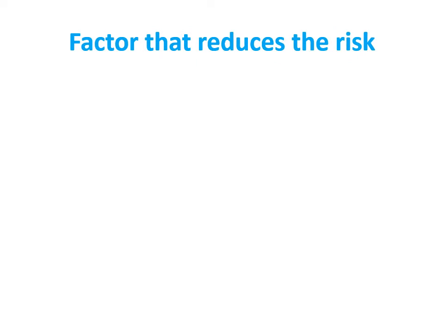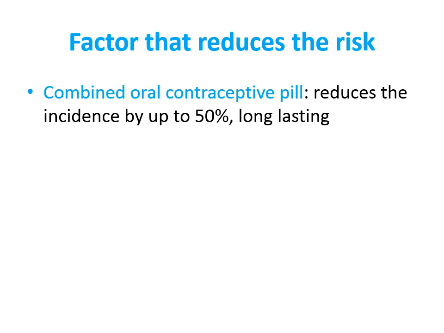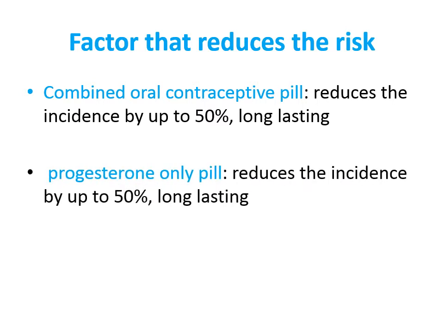What about the factors that reduce the risk of endometrial malignancies in general? These include the use of the combined oral contraceptive pill, as well as the use of a progesterone-only pill. Both of these types of contraception reduce the incidence of endometrial cancer by about 50%, and it has been found that this effect is long-lasting.